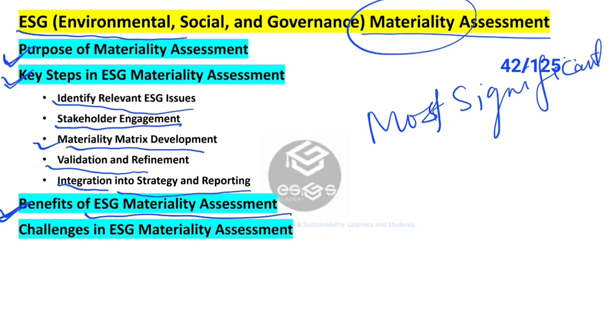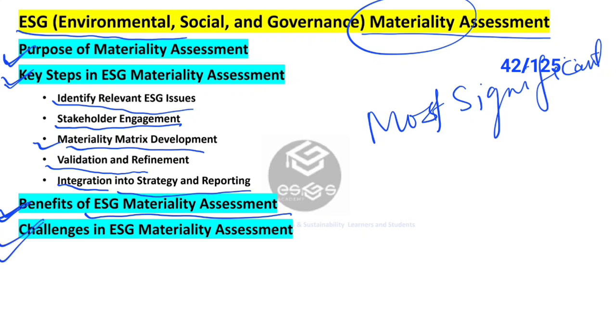We identify and manage ESG risk effectively, reducing potential financial, reputational and operational risk. The next benefit can be enhancing stakeholder trust and engagement by addressing key ESG concerns transparently and proactively. Also, there can be the benefit of strategic advantage, gaining a competitive edge by aligning ESG practices with business strategy, fostering innovation and capturing market opportunities.